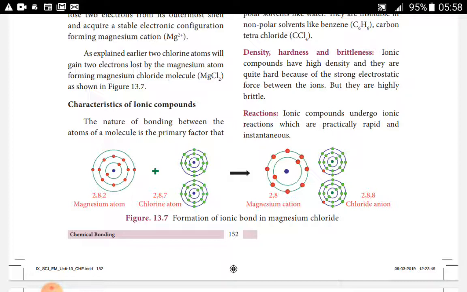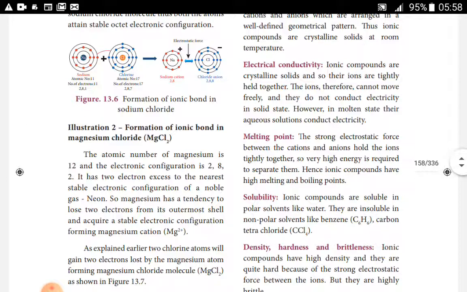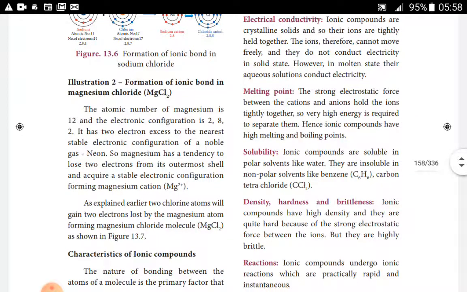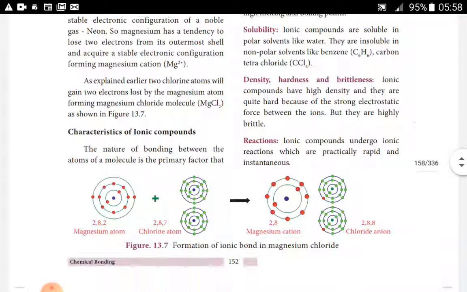Because of the strong electrostatic force, they are going to be solid and will not easily conduct electricity in the solid state, their melting point is high, boiling point is high, and they are soluble only in polar solvents. Their density and hardness are going to be greater. So ionic compounds have high density and they are hard because of the strong electrostatic force between the ions, and they are highly brittle.